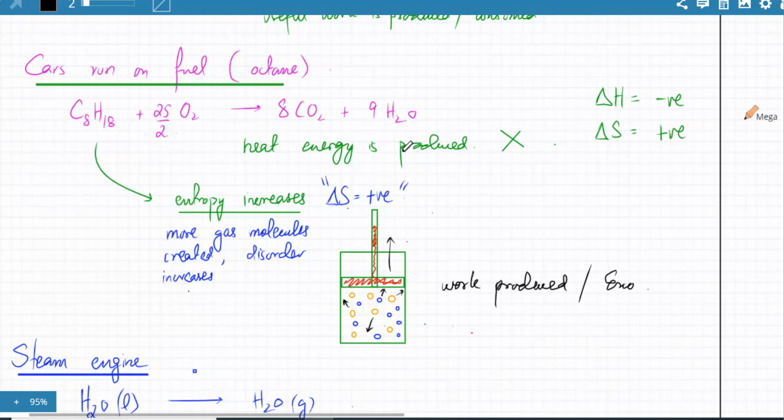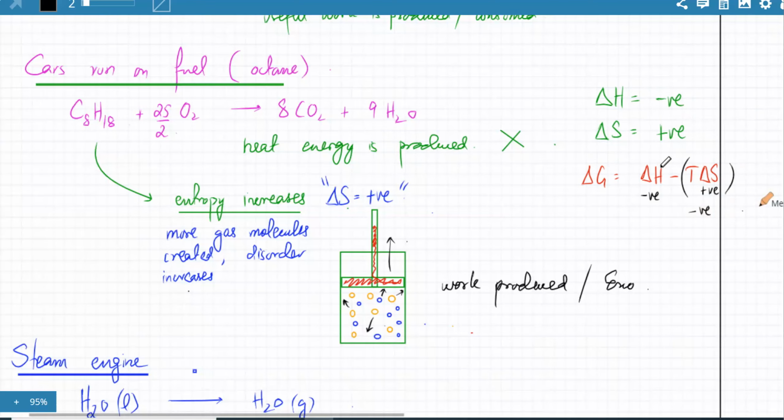So overall, I want delta G to be negative. Delta G is basically delta H minus T times delta S. So this time delta H is negative and delta S is positive, right? Since there is a negative sign in front of it, this term would also be negative.